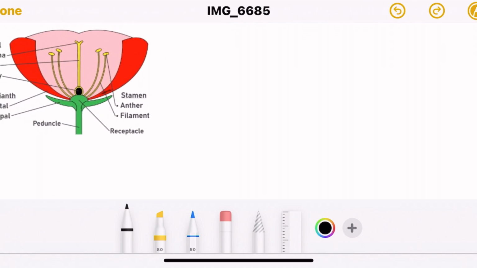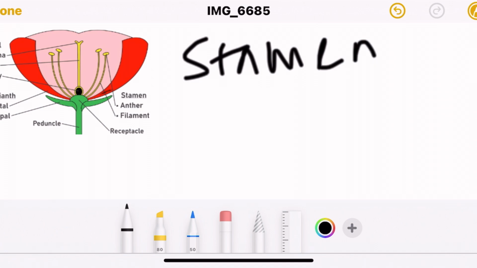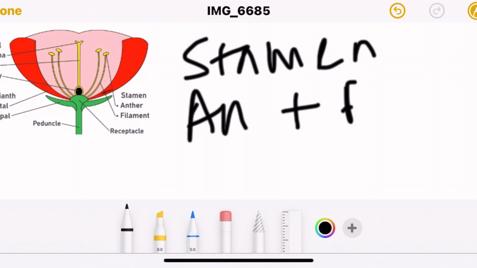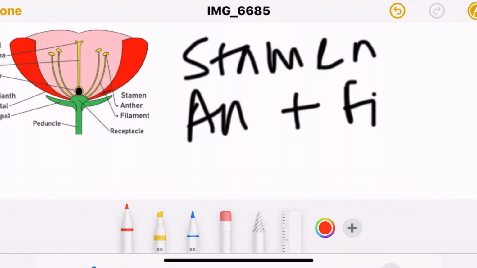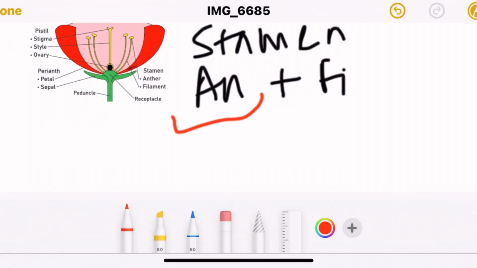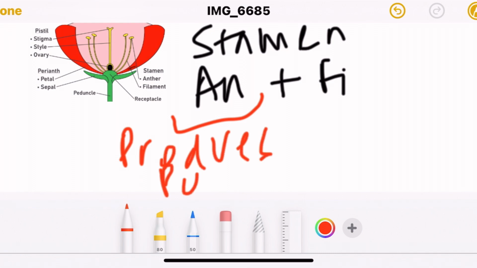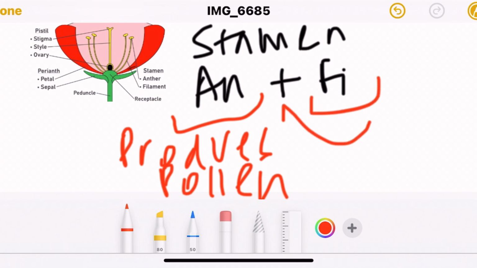So let's revise. Stamen is anther, AN for anther, plus filament, FY for filament. The anther produces pollen, and the filament holds the anther.